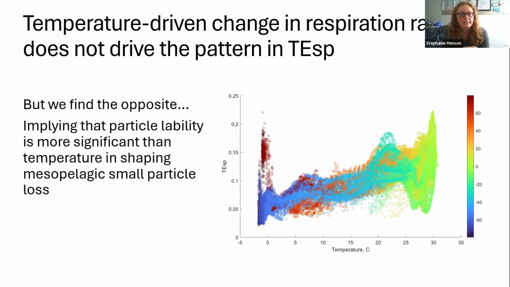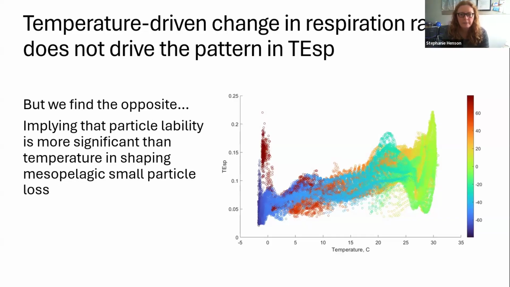So what that means is that at higher temperatures, there's actually lower particle loss, which is not what we expected on the basis of temperature being the most important driver in remineralization.